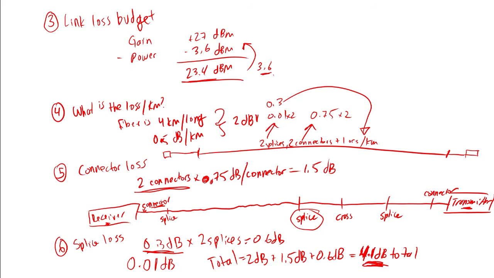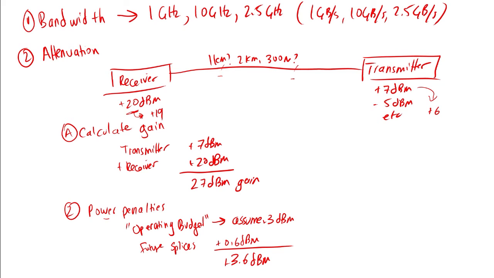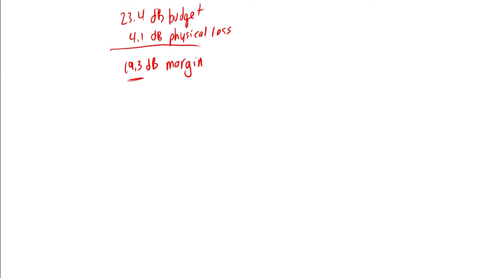So I go back to what I said was the power penalty. I'm going to talk a little bit more about the power penalty. We want to know where we can get these from.